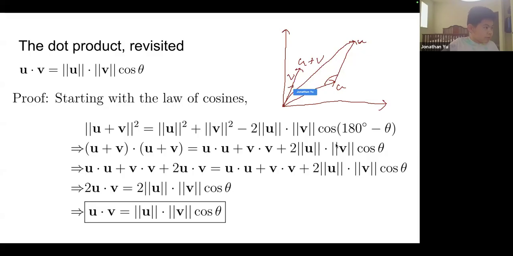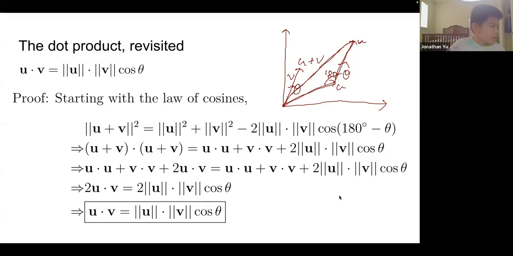And since both of these are vector v, then these two are parallel. And this angle is defined as theta, which means that this angle here is 180 minus theta. So we can now use the law of cosines on this triangle.